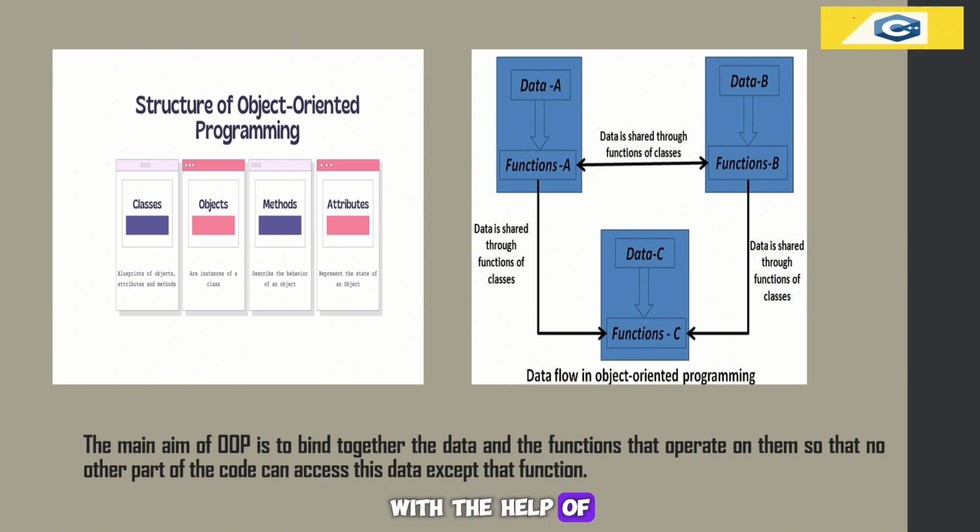With the help of class, we will create an object. With the help of the object, we will access the data and functions which are there inside the class. If some functions are there outside the class, we cannot directly access the data.